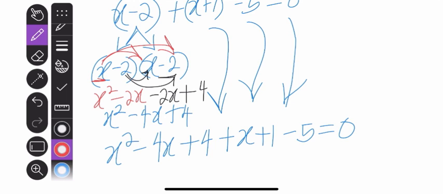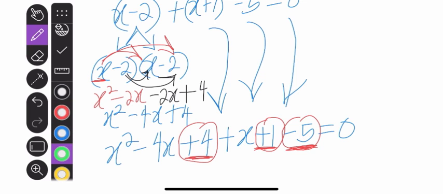Now let's look for the like terms. I will indicate them with different colors. We have the constants 4, 1, and 5. Plus 4 plus 1 will give us 5, and 5 minus 5 will give us 0. So those constants are gone. Then let's use green to indicate the other ones. We have minus 4x and plus x.